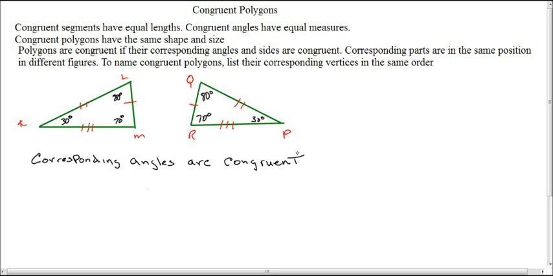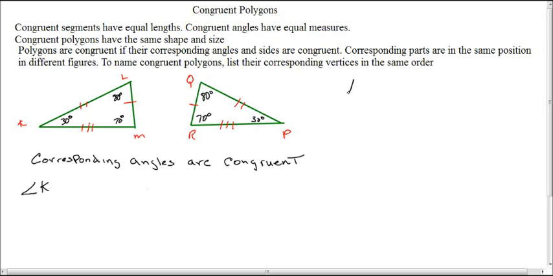Okay, so we said that these particular corresponding angles are congruent. And I'm saying that because I see K is at 30 degrees and I see P is at 30 degrees. So what I can write, I can say that angle K, and that little symbol there means angle.